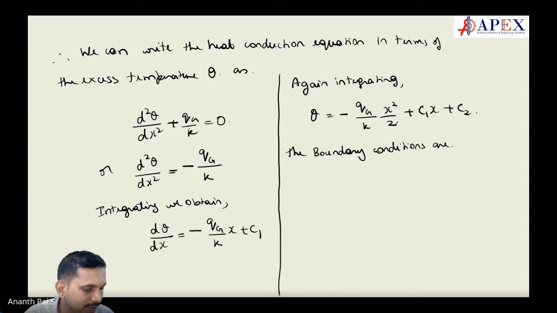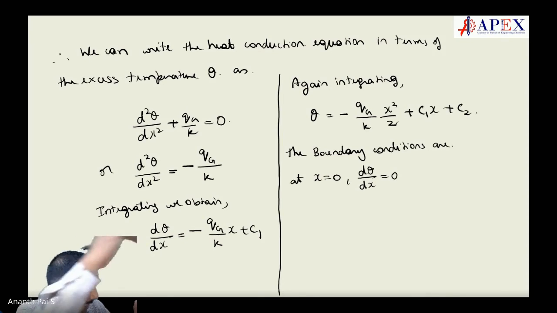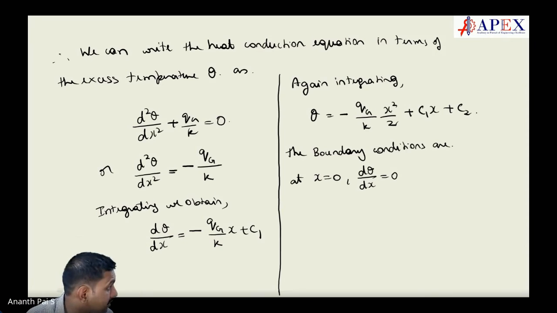The boundary conditions are: at x is equal to 0, d theta by dx is equal to 0. Agree? Because it is a maximum. At maximum, d theta by dx is equal to 0. This implies C1 is equal to 0.